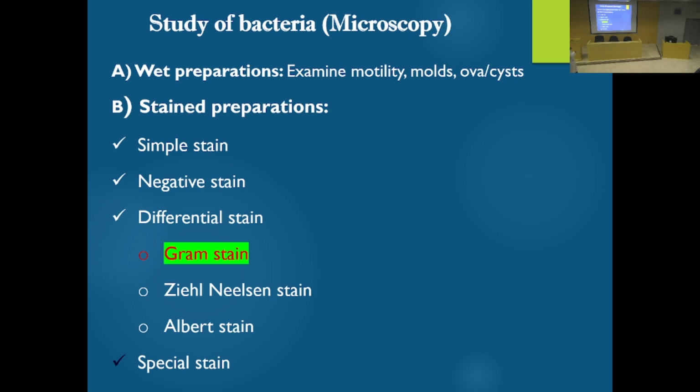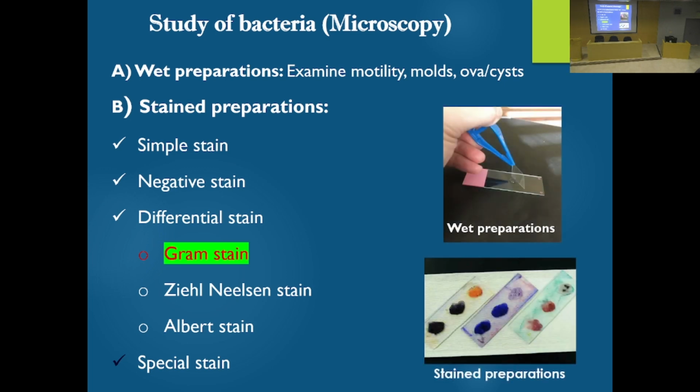This wet preparation is basically done to look if the bacteria or microbe is moving or not, or to look for any ova or cysts, the stages of parasites that you might have studied, or to look for molds, which are a type of fungi. As I told you, on the bacterial inoculum we place this cover slip and see under the microscope. That is wet preparation, also called wet mount.